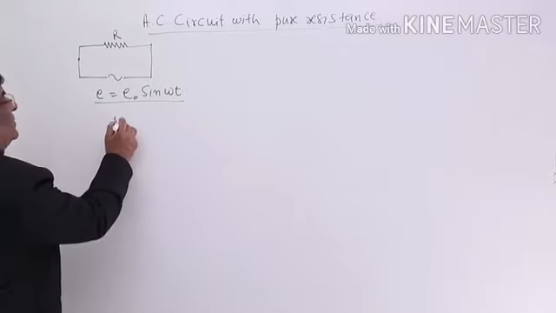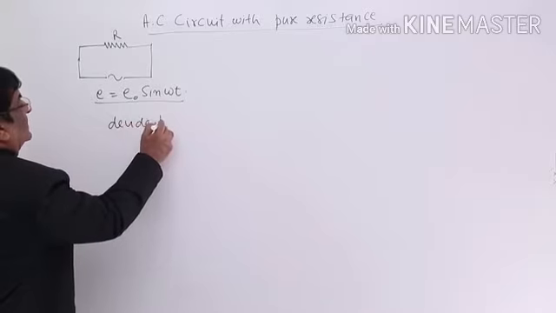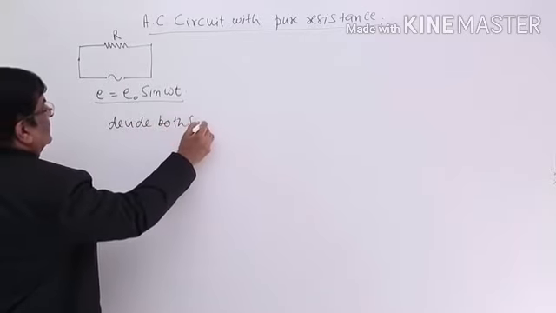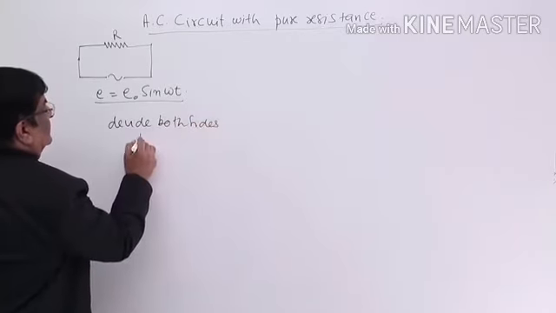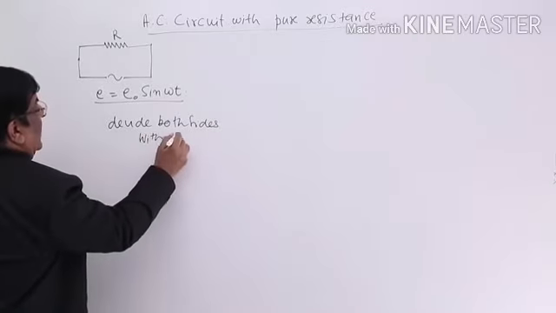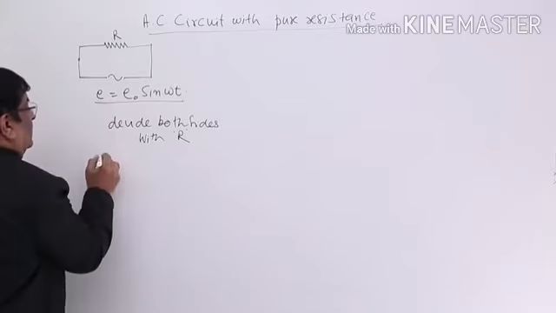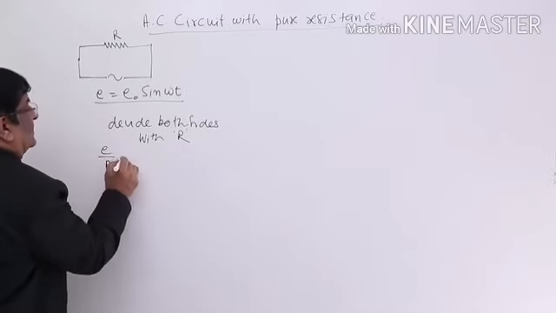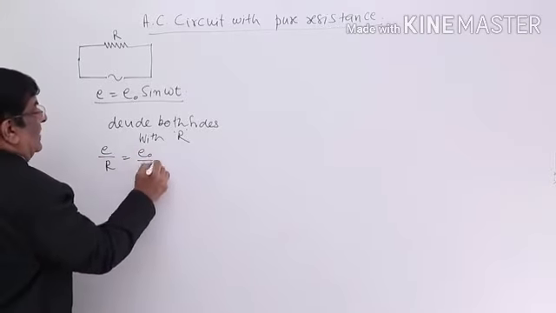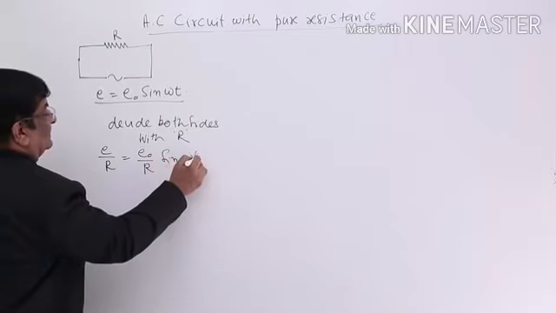So what do we do? Divide both sides by R, resistance. So this will be E upon R is equal to E naught upon R sine omega t.